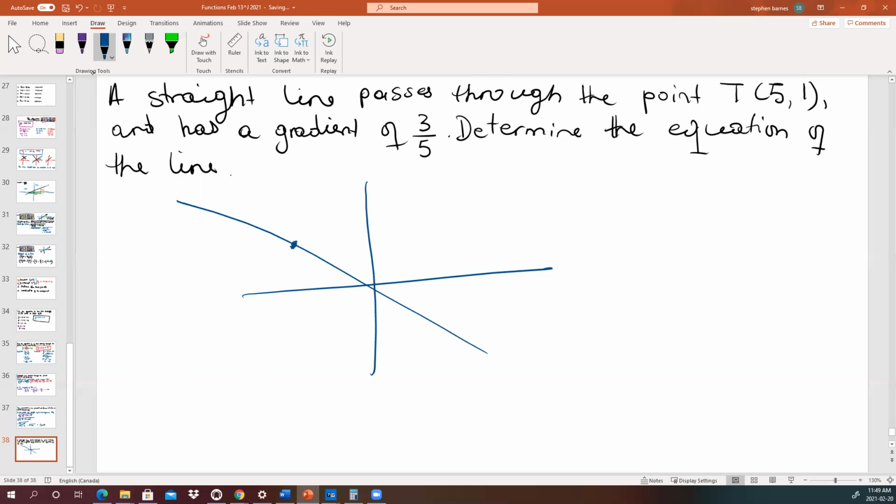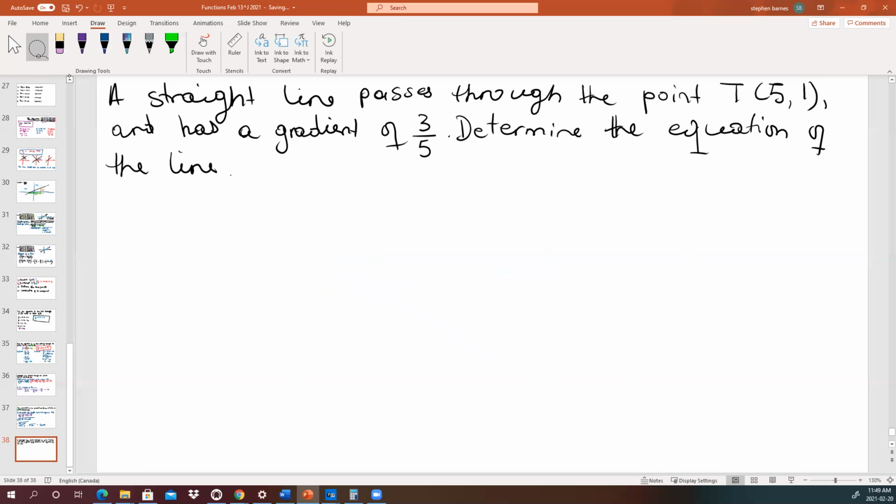But what you do know is that no matter what the point is on the line, because the points are from the same line, the gradient will be the same, and the y-intercept will be the same. So let's go ahead and find the equation of this line.